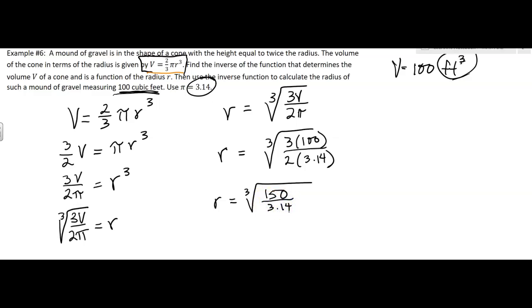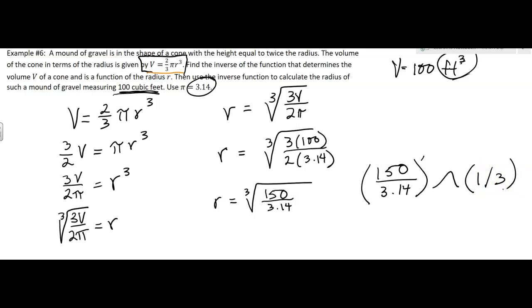Now, on your calculator, like with my calculator, I don't think I have a button for cubed root. Oh, wait, I do. Okay, well, I do have a button for cubed root. If you didn't have a button for cubed root, you could write it as 150 over 3.14 and raise it to the power of 1 divided by 3.